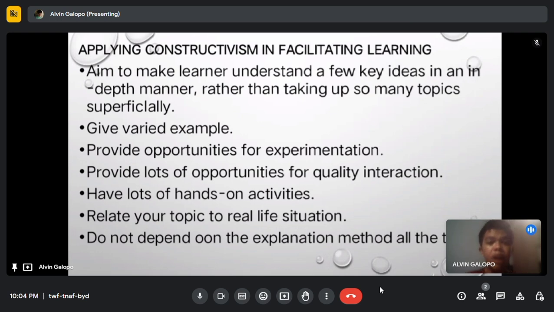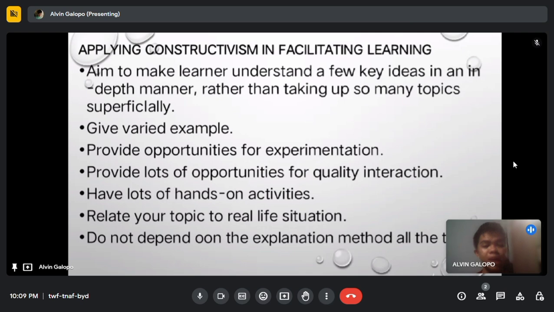Learners can understand our topics better if we provide them with the key ideas, rather than taking up whole topics or lessons.